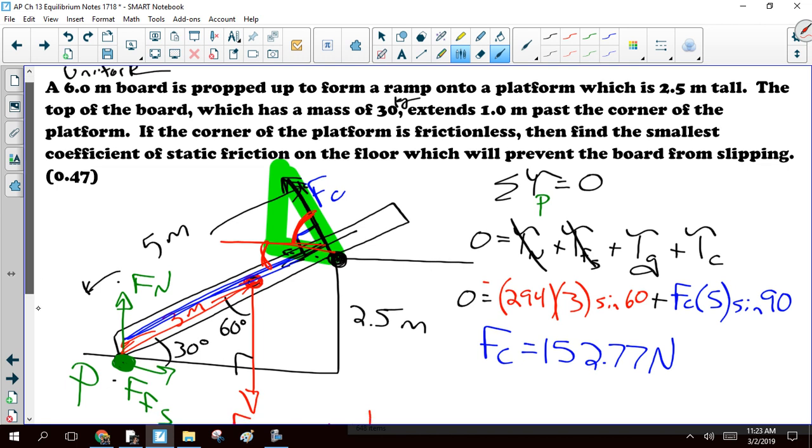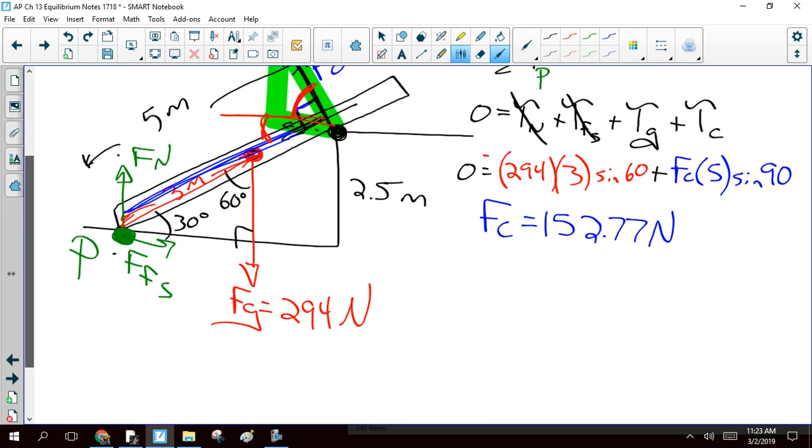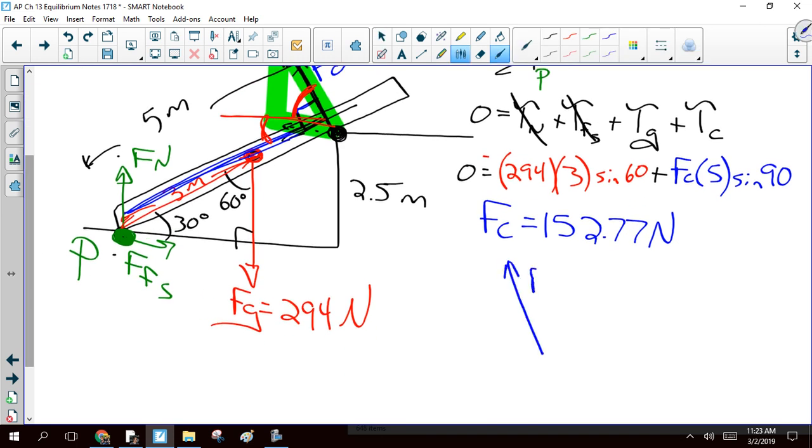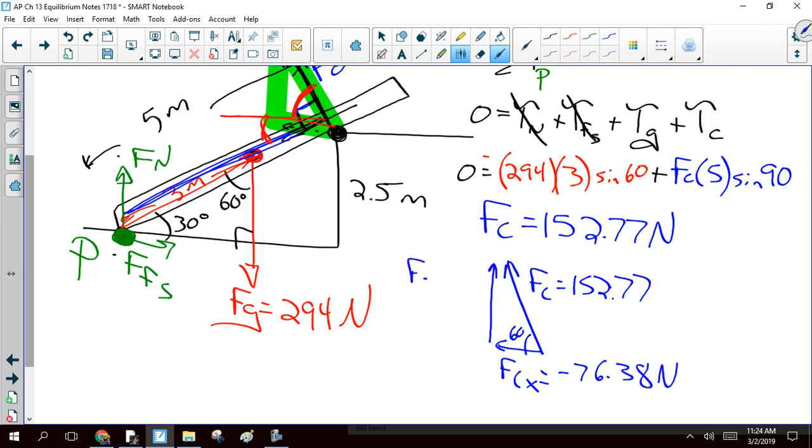So here's the force of the corner, 152.77. So the force of the corner in the x direction is that times cosine of 30, which is negative 76.38 newtons. And the force of the corner in the y direction turns out to be positive 132.3 newtons.